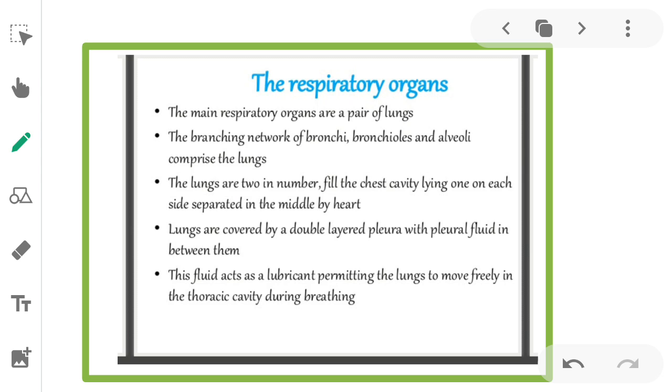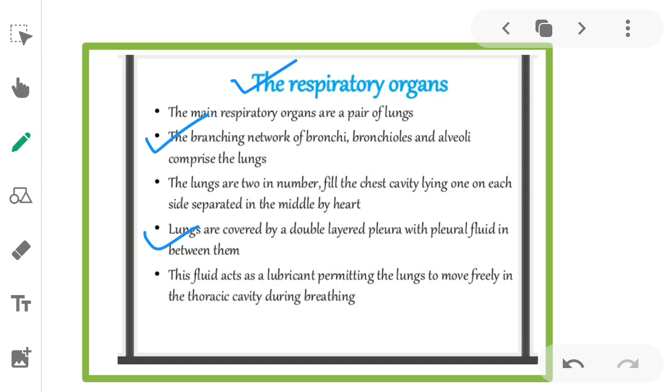Next, we'll study the respiratory organs. The main respiratory organs are a pair of lungs. The branching network of bronchi, bronchioles, and alveoli form the lungs. The lungs are two in number and fill the chest cavity, lying one on each side, separated in the middle by the heart.